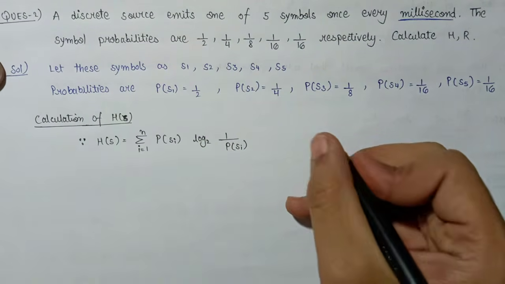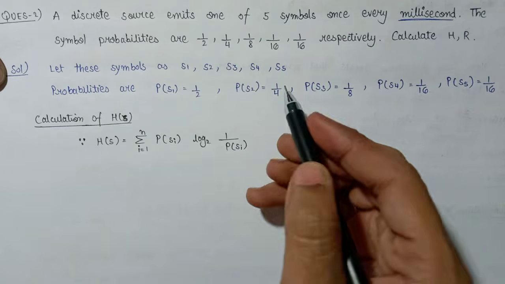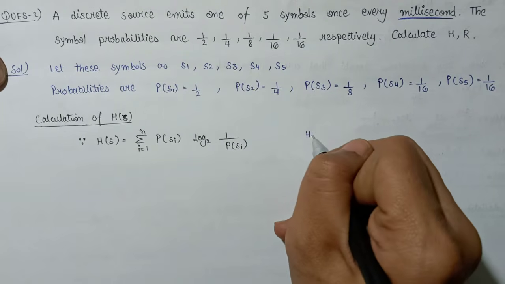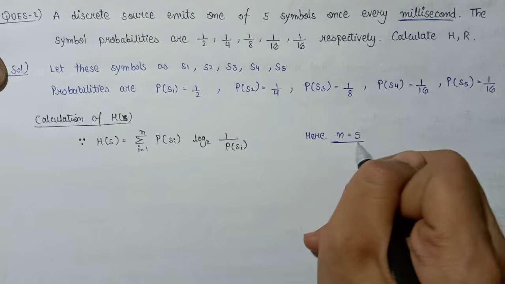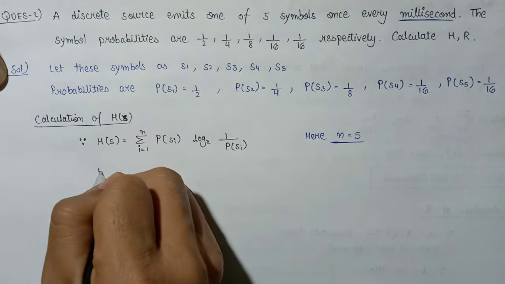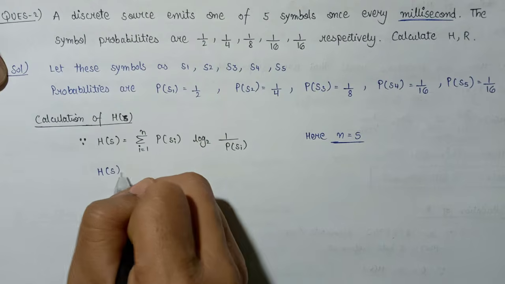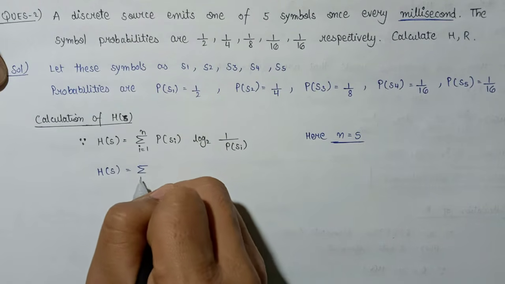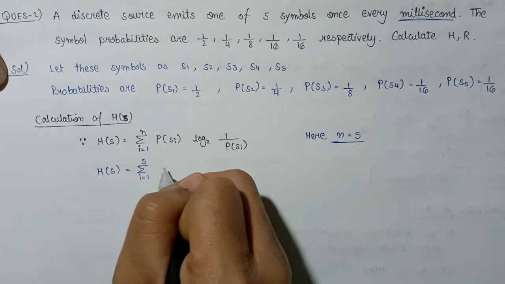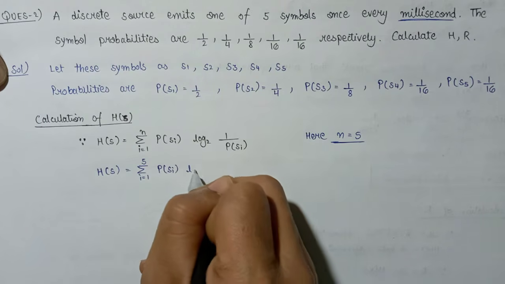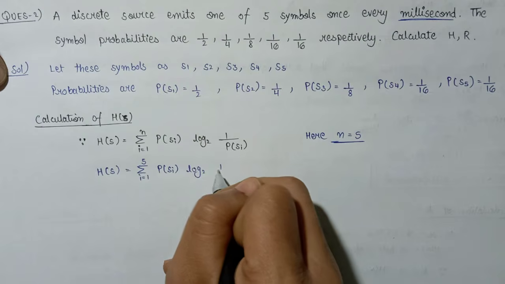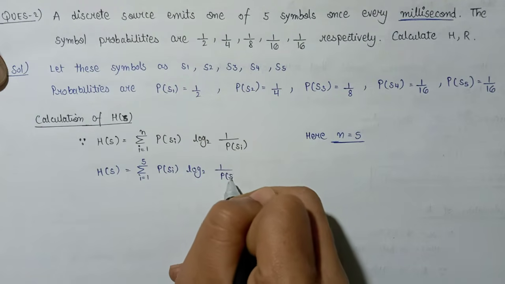Here we have 5 symbols, so the value of n is 5. So the entropy is the summation from i equals 1 to 5 of P of Si log base 2 of 1 over P of Si.